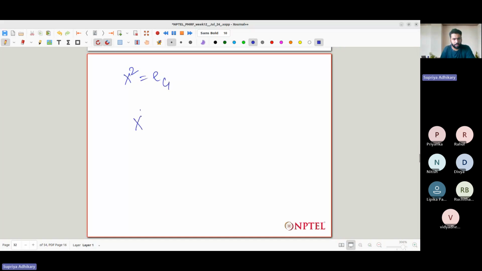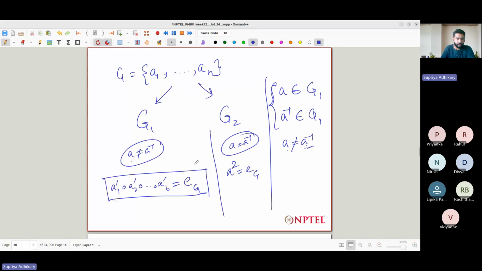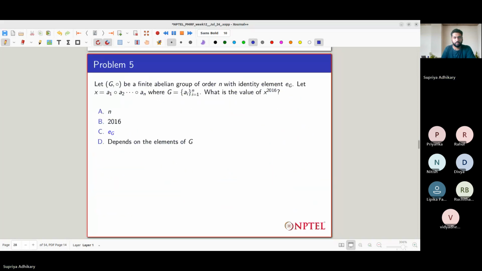So any even power of X should be the identity element, and 2016 is an even power, 1008 times 2. So X to the 2016 is the identity.